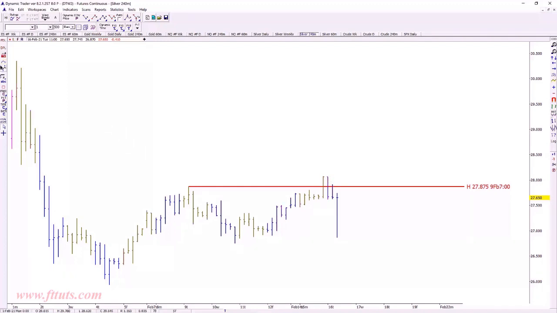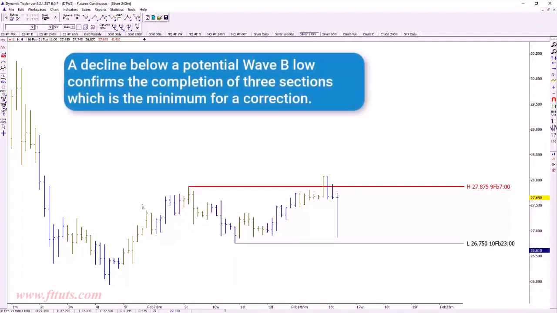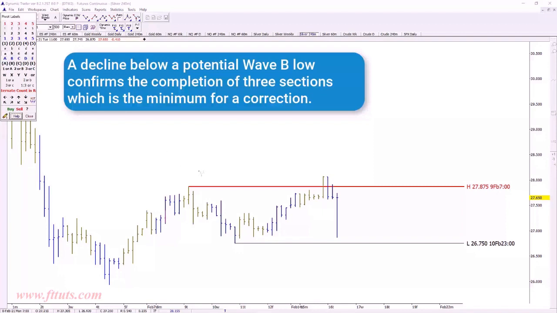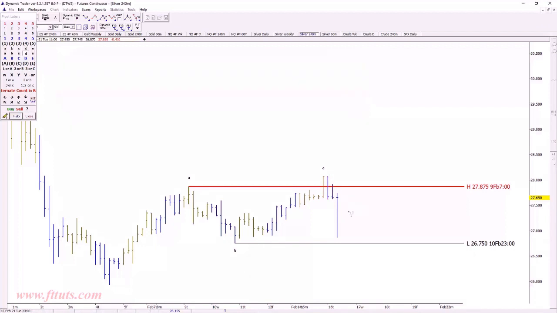We'd only be in a position that it would be complete if we take out this low. Why don't I put some labels on here as we're moving along? So potential A, B, C. We'd have a question mark on this yet because until we take out what I labeled a wave below, it might not be finished.